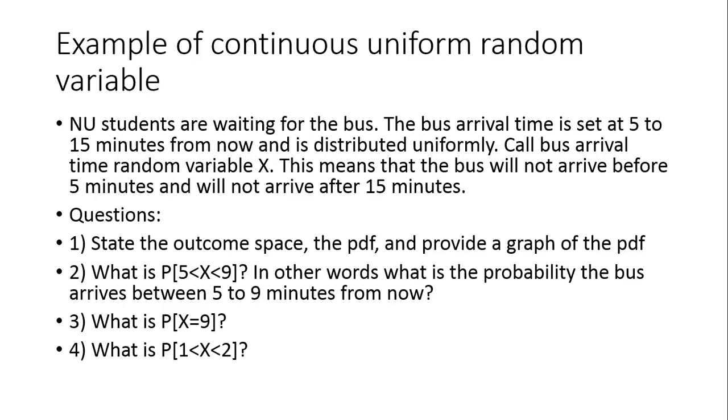And the precise time of arrival essentially has probability 0. So I can give you probabilities for intervals here. Since it's uniformly distributed, let's look at the questions and then we'll talk. The first question is, state the outcome space, the PDF, and provide a graph of the PDF.